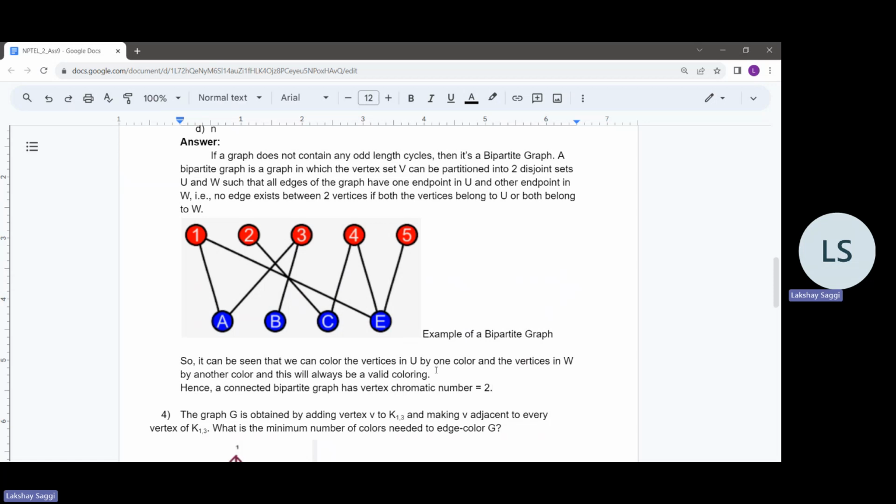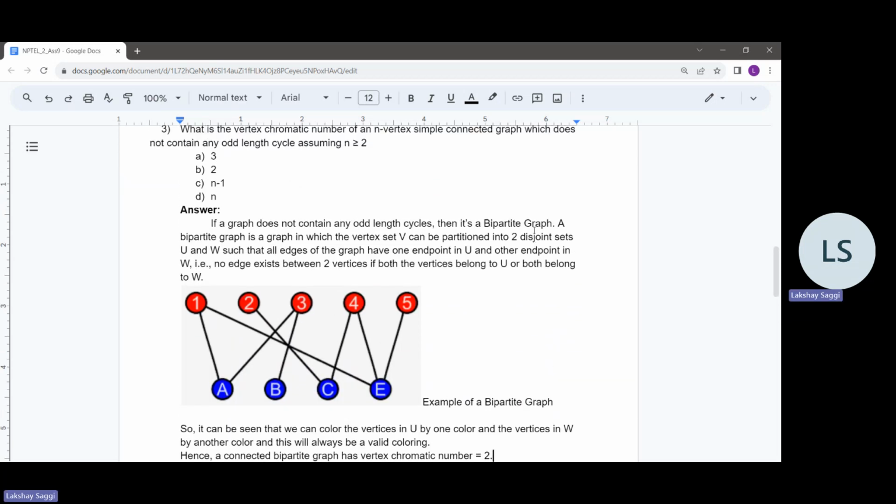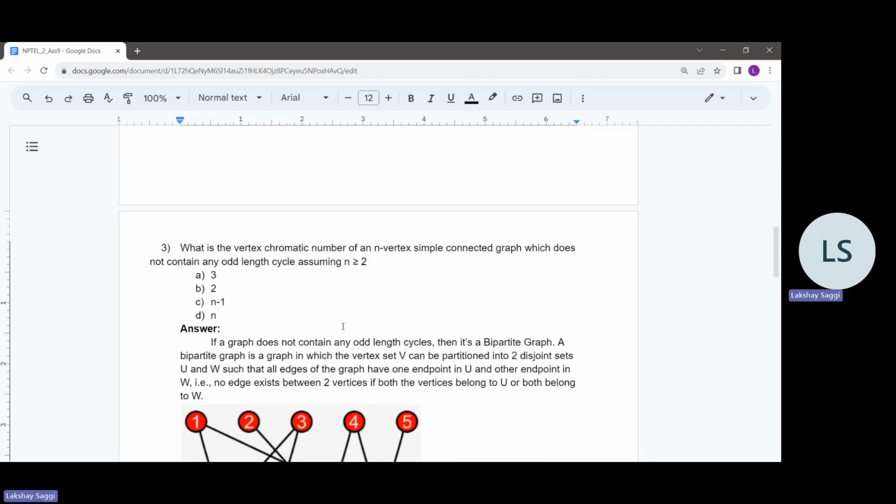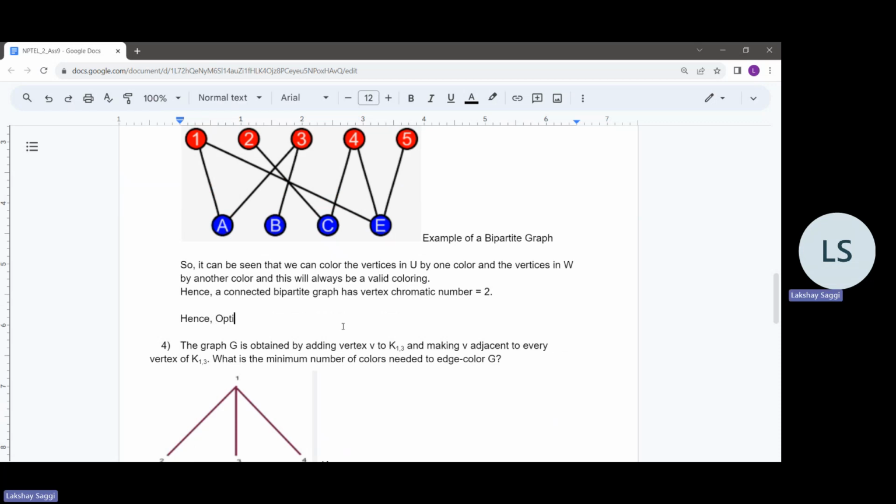So that's the beauty of a bipartite graph, that a connected bipartite graph can always be colored by two colors. So B is the correct answer, like B option is 2. So yeah, hence option B is correct.